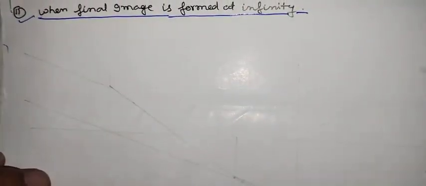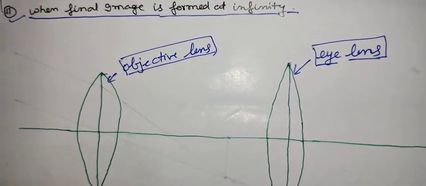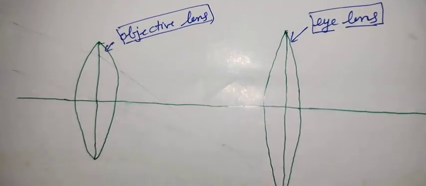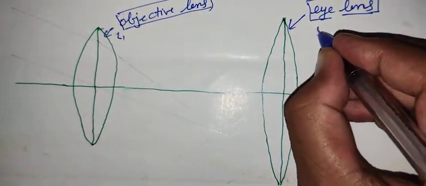So first of all, see the ray diagram. In this ray diagram, on the principal axis inside the tube there are two lenses, the objective lens L1 and the eye lens L2.